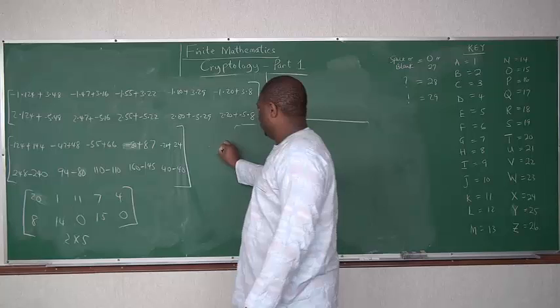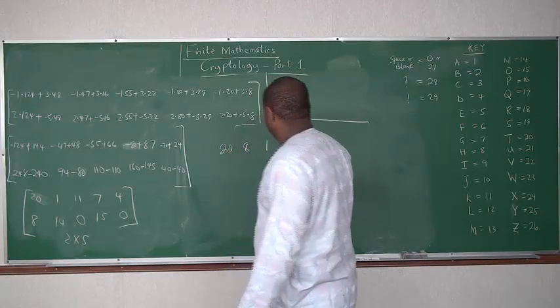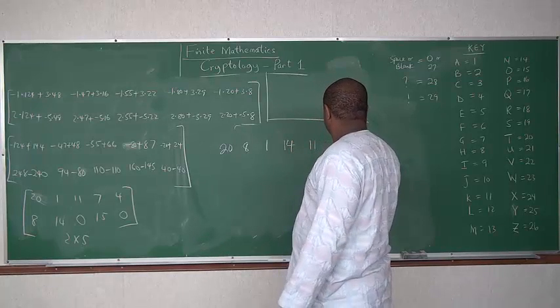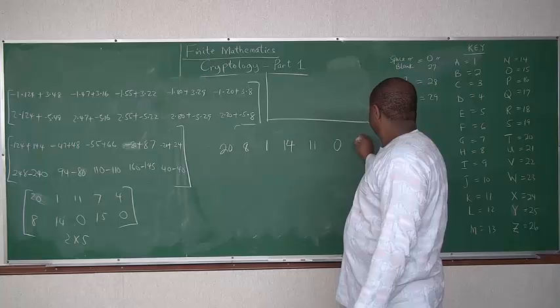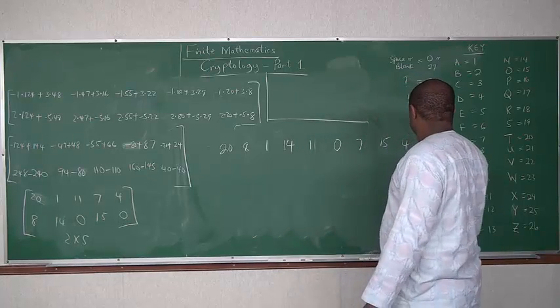So this gives us what? 20, 8, 1, 14, 11, 0, 7, 15, 4, 0.